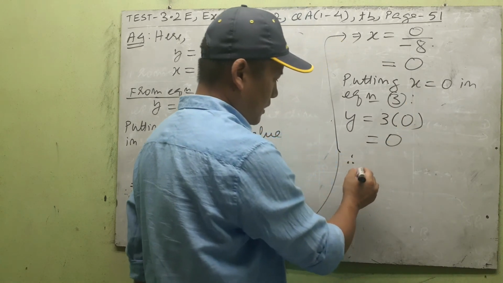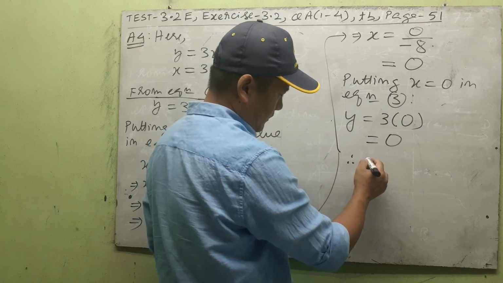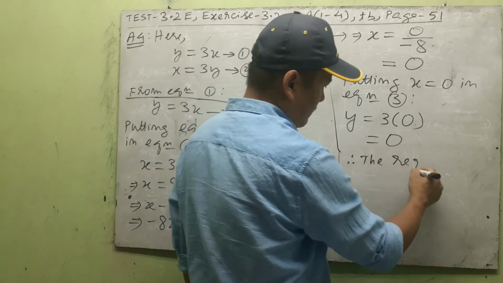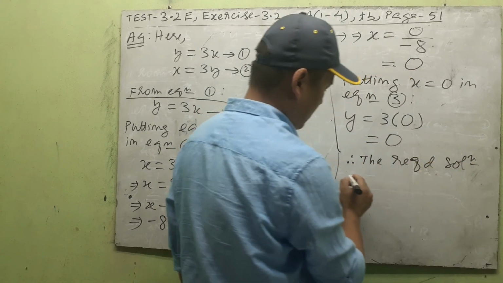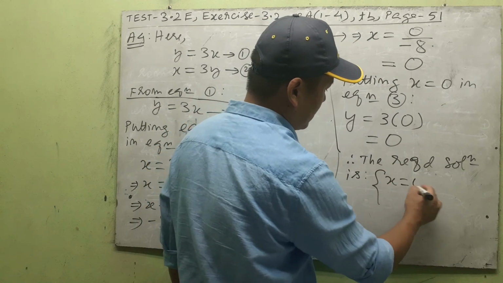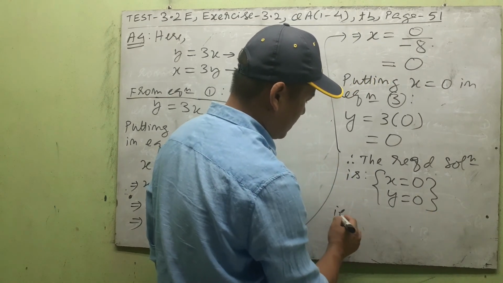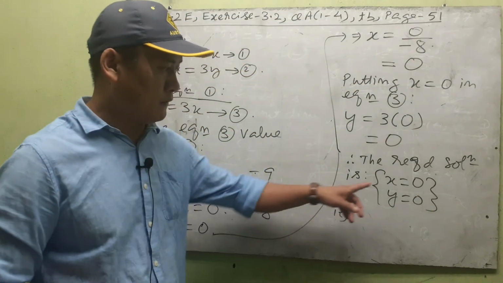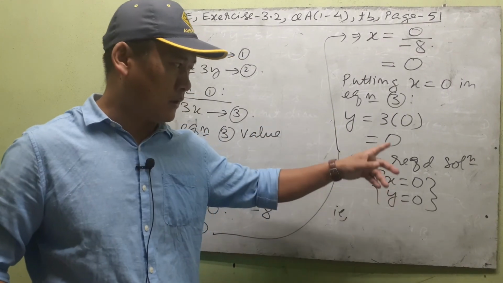Therefore, our required solution is x value 0, y value 0. That is, if you draw the graphs of these two equations, they will intersect at this point, which is called the solution.